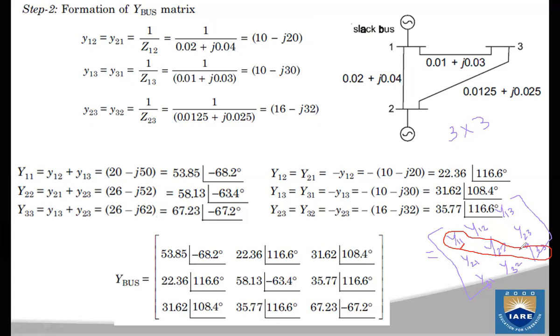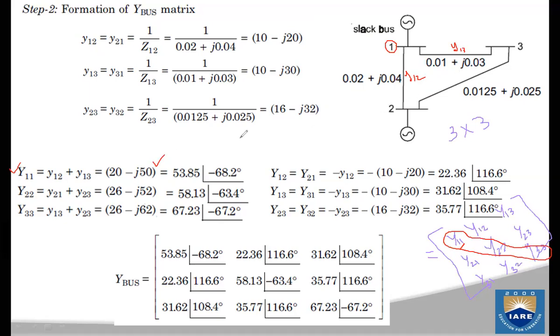So you will get the self admittances, which are Y11, Y22, Y33. For Y11, there are two transmission lines connected to the first bus, which are y12 and y13. So if you sum y12 and y13, you will get Y11 of your Y bus matrix.